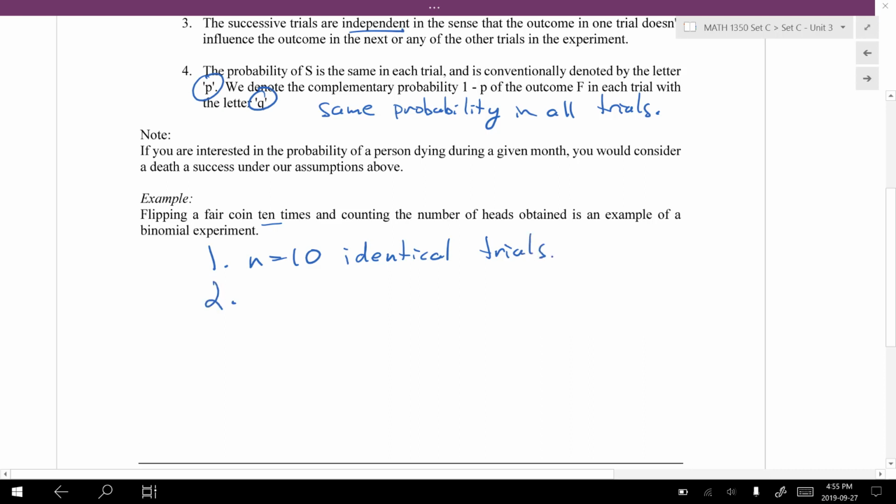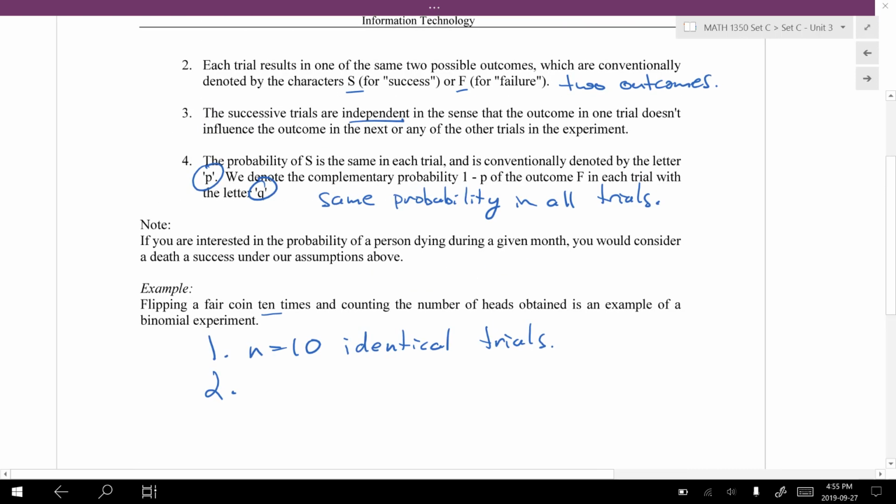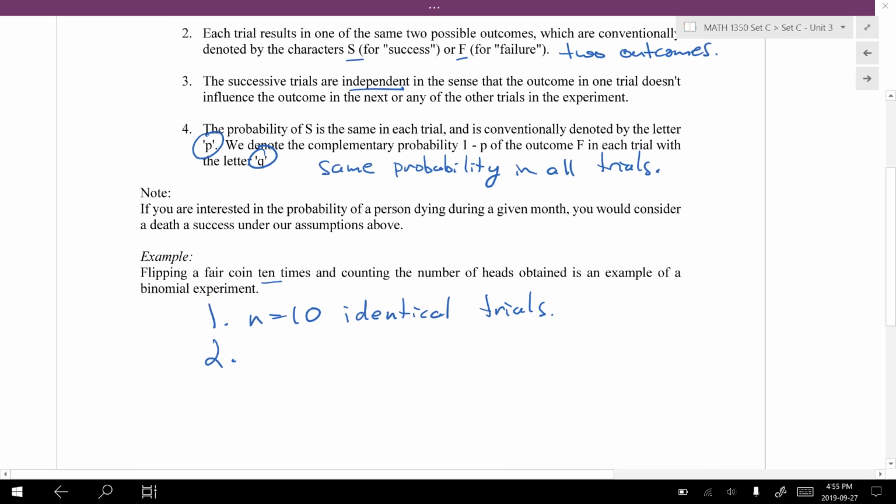For the second one, we wish to know about the possible outcomes. There are two possible outcomes for this coin. We can denote either of them as success. Let's maybe call heads success and tails failure, although there's no real reason to do this. One for each, two outcomes.